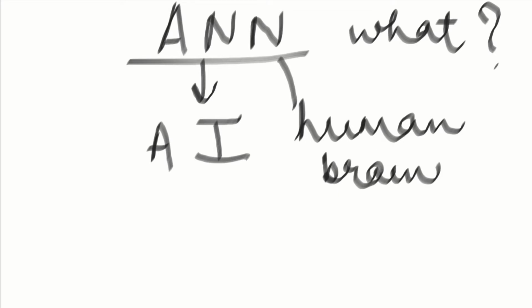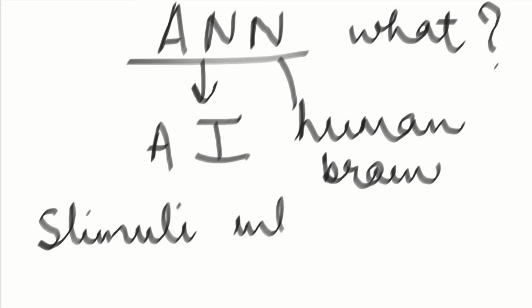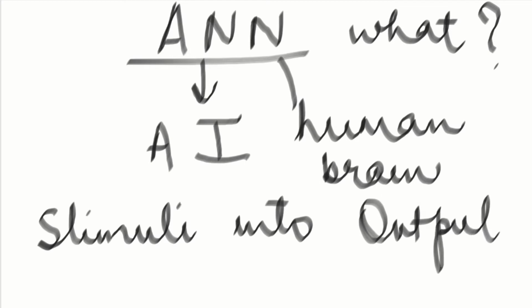Like the brain processes, similarly, ANN processes a combination of stimuli into an output. So exactly the same, our human brain works like ANN works.